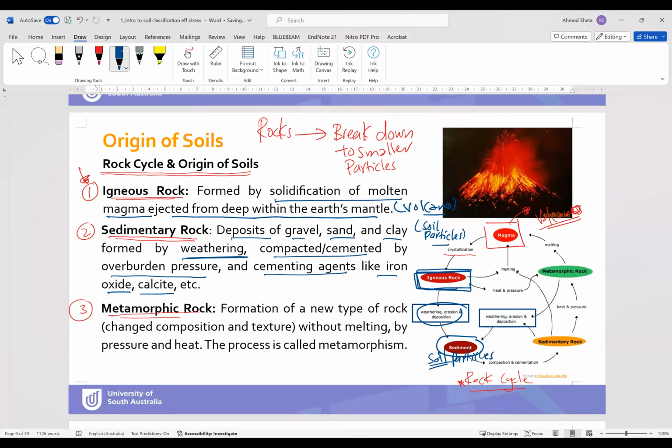So the idea is we have a big rock. This rock cracks and forms smaller particles: gravel, sand, clay, silt. This happens because of weathering, wind, or different temperatures and so on. This process takes thousands or even millions of years.